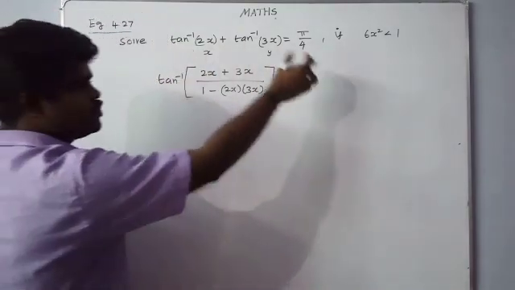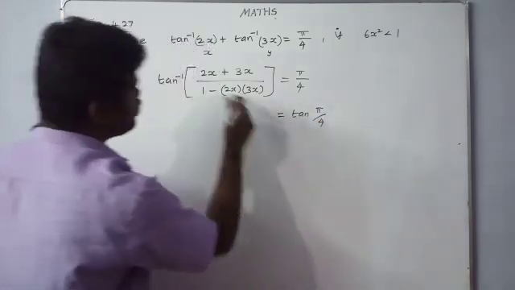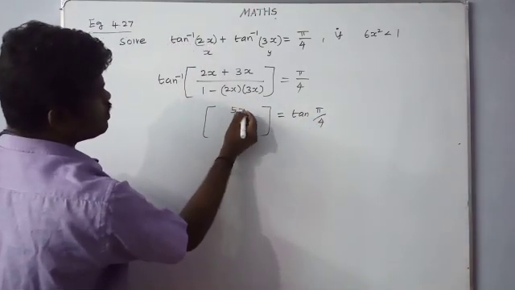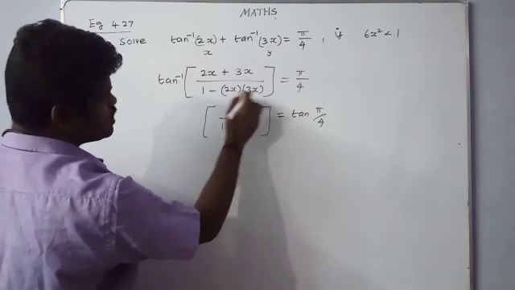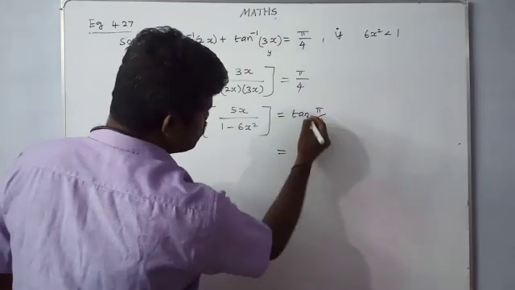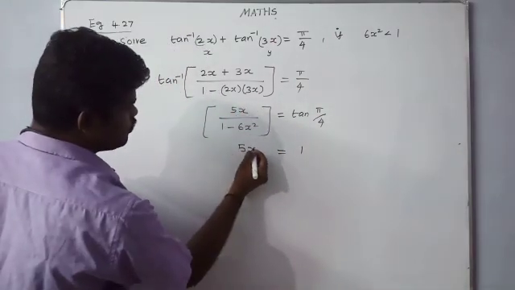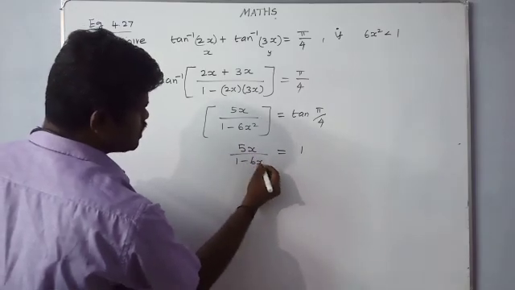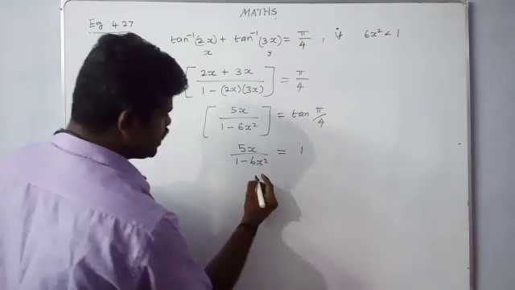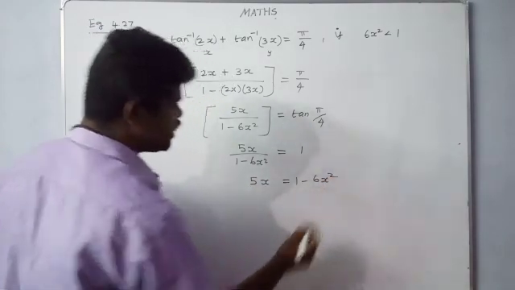Take tan inverse to this side: tan pi by 4. Here tan of pi by 4 is 1, and we have 5x divided by 1 minus 6x squared. Take 1 minus 6x squared to this side: 5x is equal to 1 minus 6x squared.